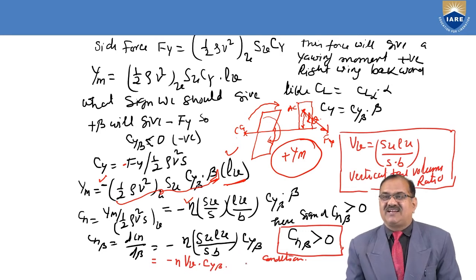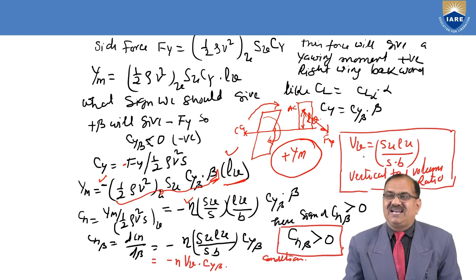So this is the condition. Here the vertical tail volume ratio Vv is equal to Sv Lv by Sb. Okay, so we got it that Cn beta is equal to minus eta Vv into Cy beta.